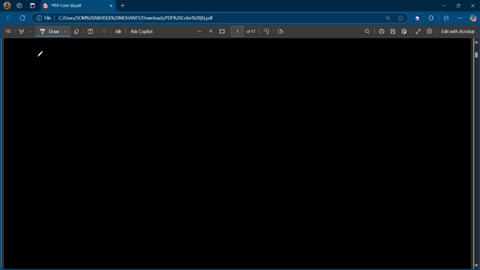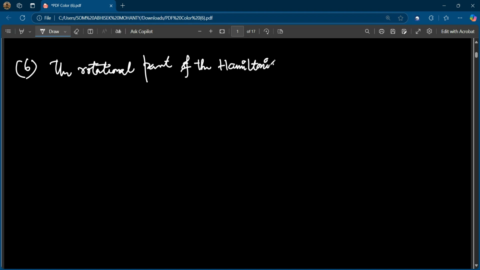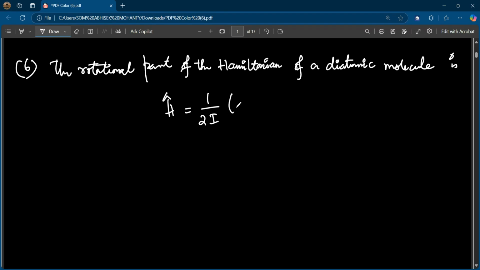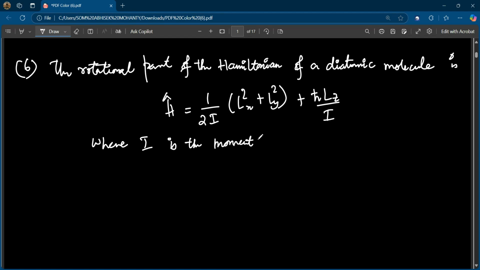Next question, question number 6. The rotational part of the Hamiltonian of a diatomic molecule is H equal to 1 by 2I (Lx square plus Ly square) plus h cut Lz by I, where I is not a unit operator; I is the moment of inertia.